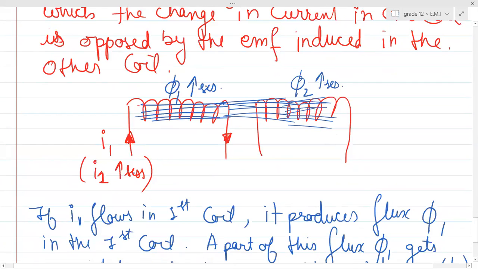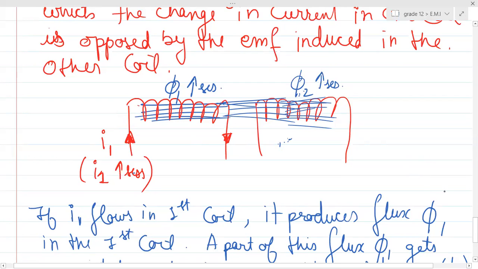If I1 increases, then phi 1 increases, and if phi 1 increases, then phi 2 will also increase. So what will this loop say now? No bro, don't do this. If you are doing this, that's why I'm suffering. I don't want you to do it. So basically he will try to oppose this particular thing. Yes or no?